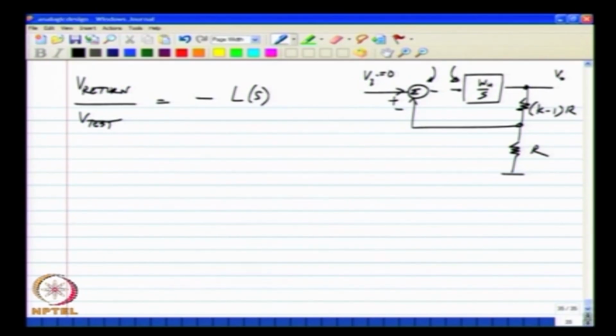We take the minus sign because we already know that we are implementing a negative feedback loop, and this L of s is termed the loop gain.